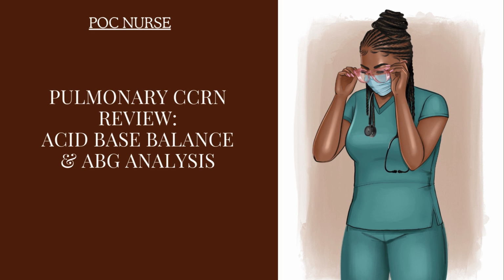Now, is it respiratory or is it metabolic? We have to check our parameters. Our PaCO2, we said, is 65. That is way above the normal of 45. The normal is 35 to 45. We have 65. That is way high. Therefore, we must be looking at respiratory acidosis here.